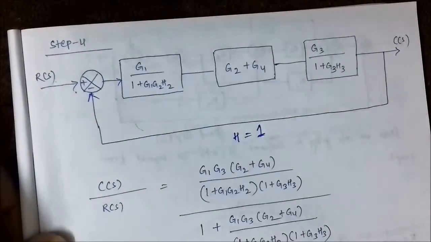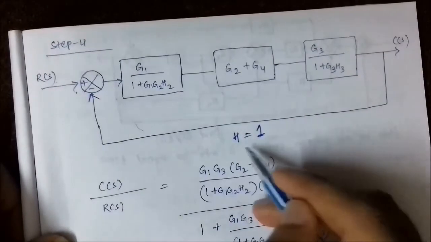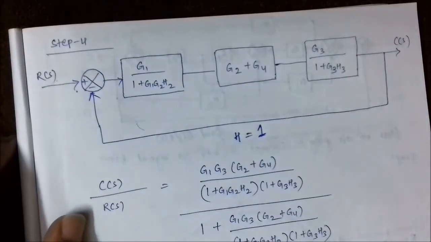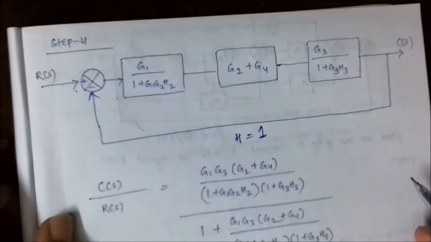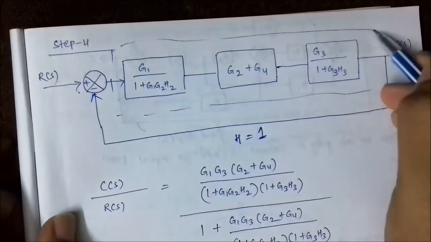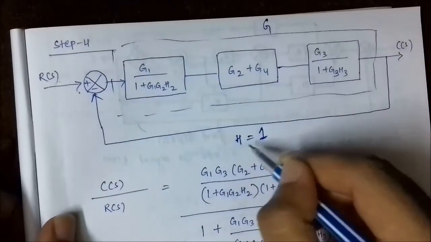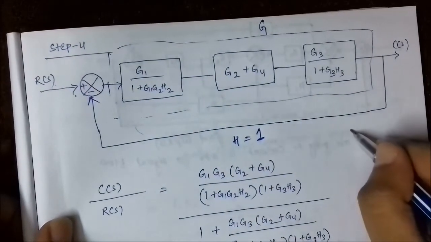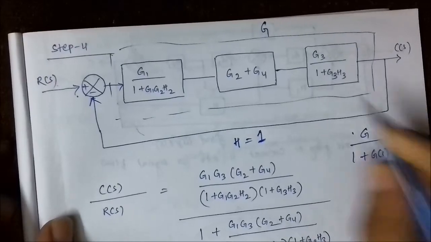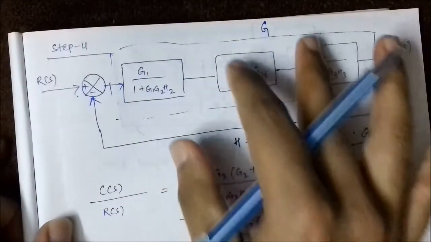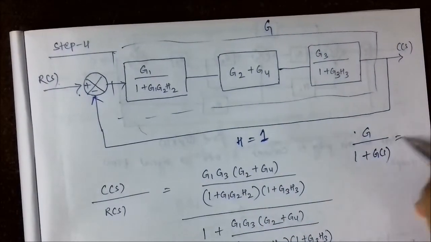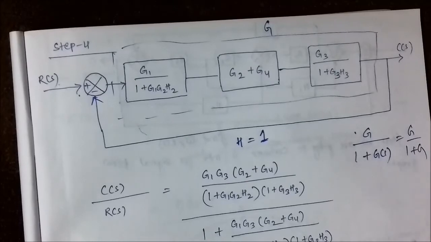Consider it as G. This is the unity feedback, that is H. So you just apply the feedback connection rule. Its value is G, this H is 1, so the value becomes G by 1 plus G into 1, which is equal to G by 1 plus G.